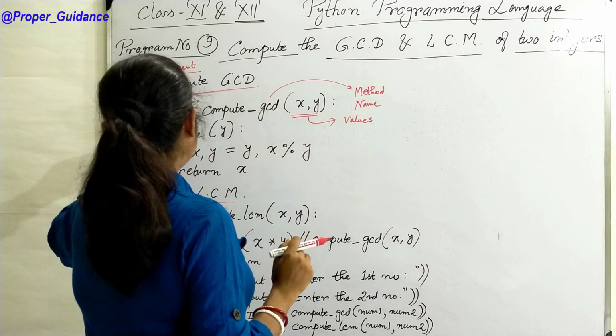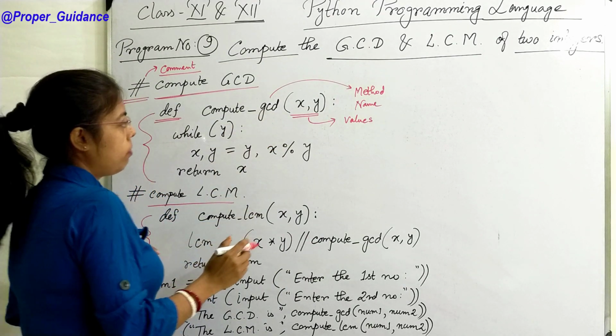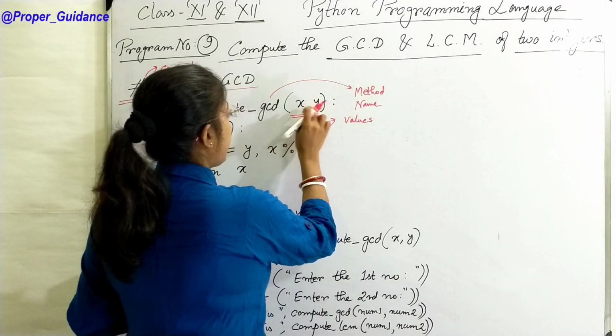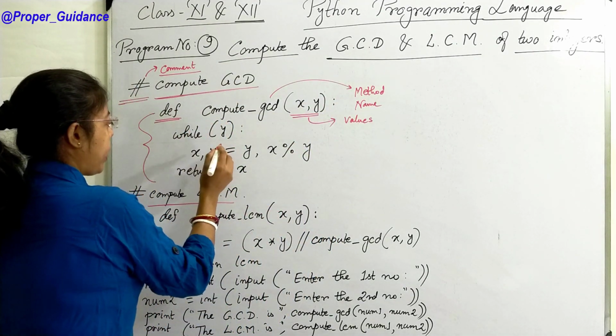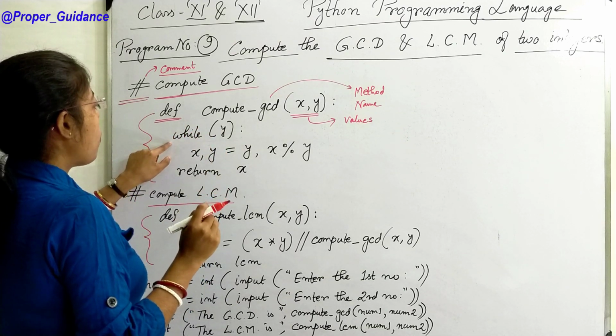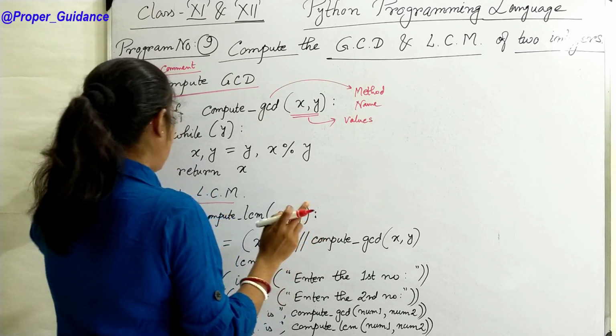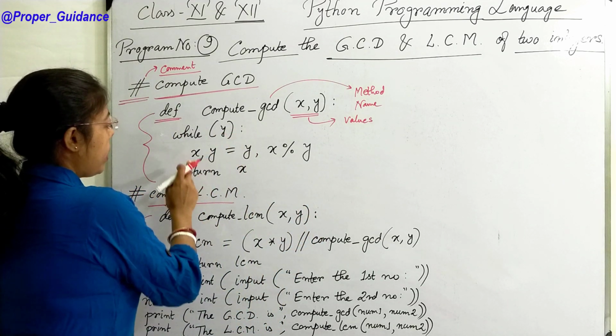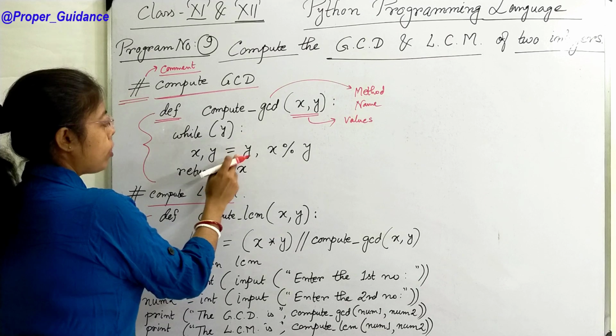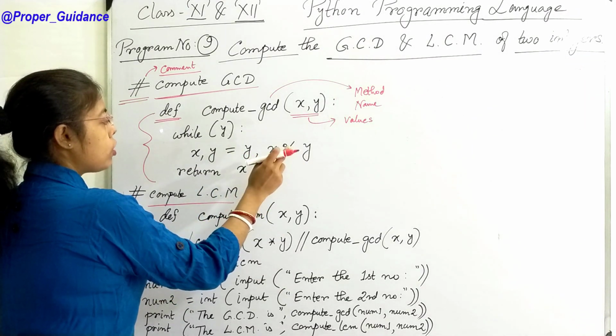Now see, in this section compute GCD, there are two values x and y. While y, this means that while y is true, this is a while loop. While y is true, x, y = y, x % y.